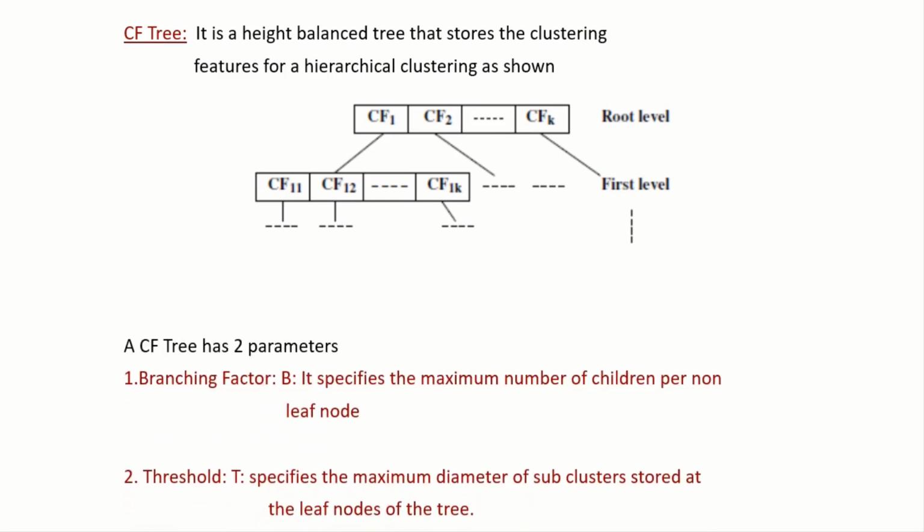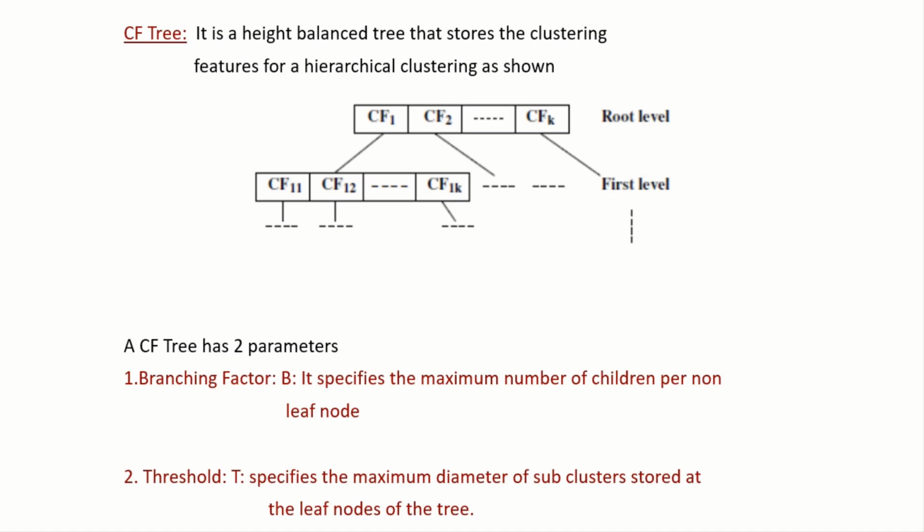We have two parameters in the clustering feature tree. The branching factor, also called B, specifies the maximum number of children per non-leaf node, that is, for internal nodes how many children there are. Similarly, the threshold T specifies the maximum diameter of the subclusters which are stored at the leaf nodes of the tree.